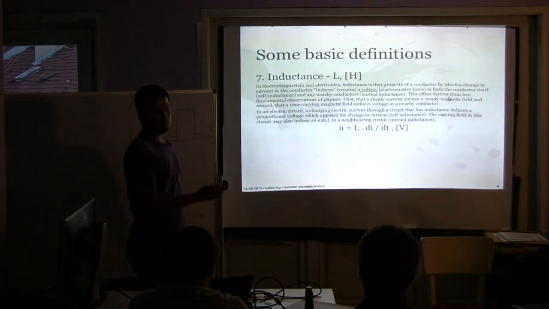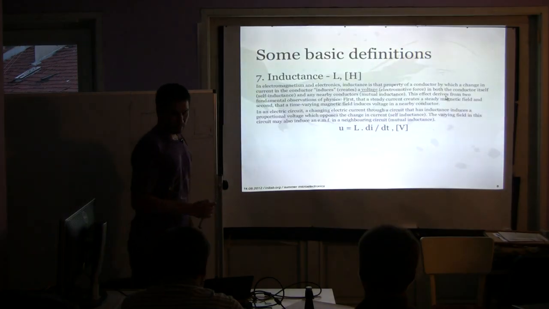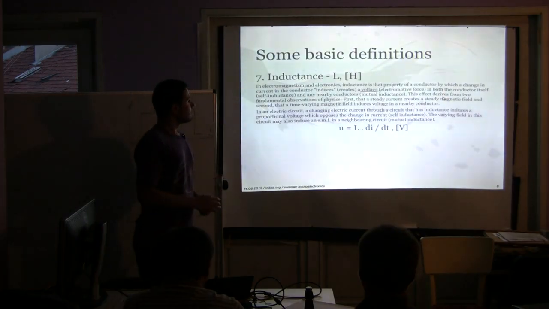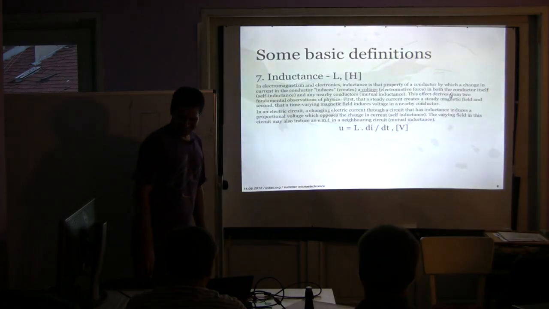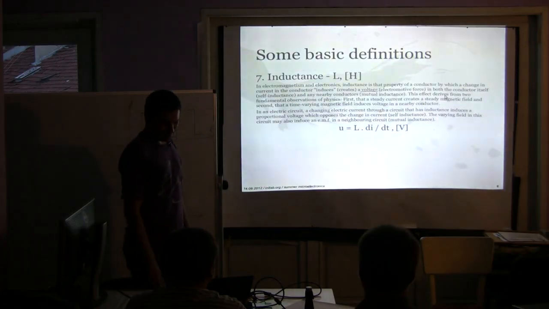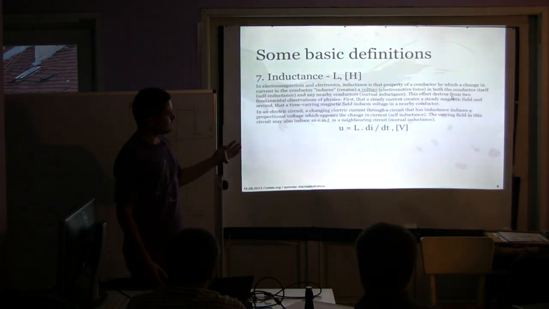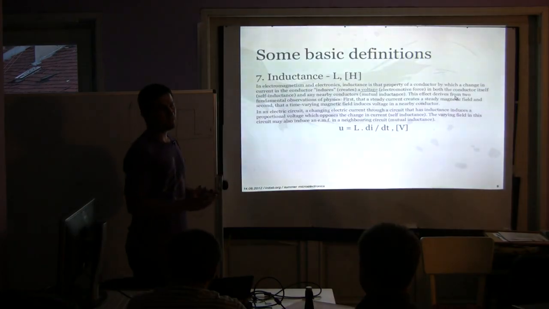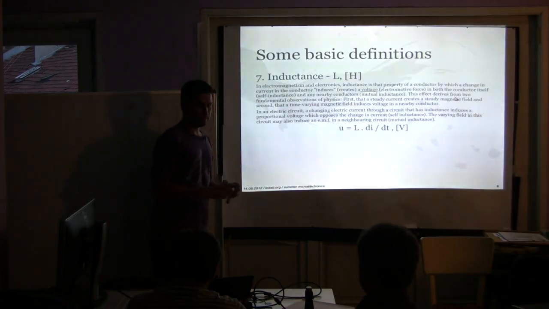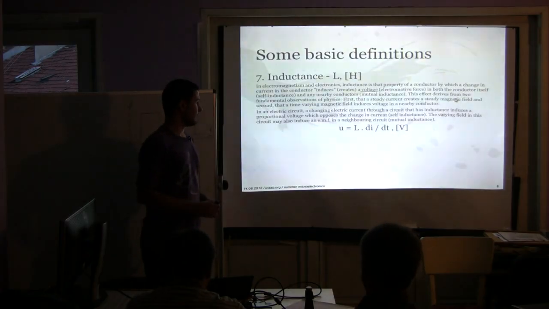So for the current to flow, we need first a wire, and the second one is a voltage drop. It's a physical thing, we can't go without it.